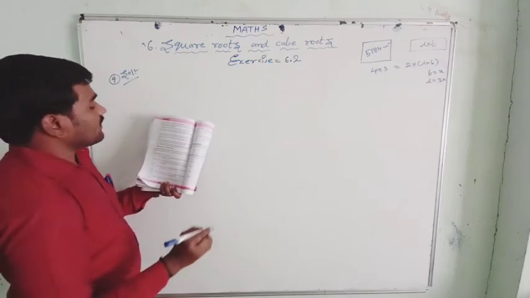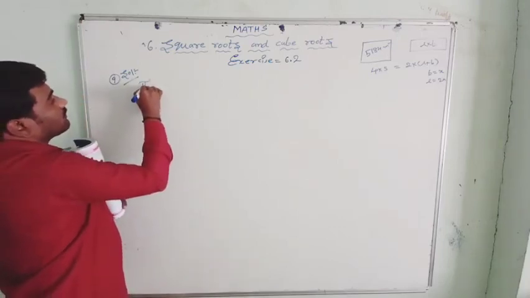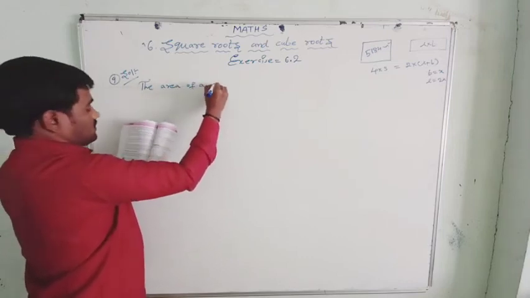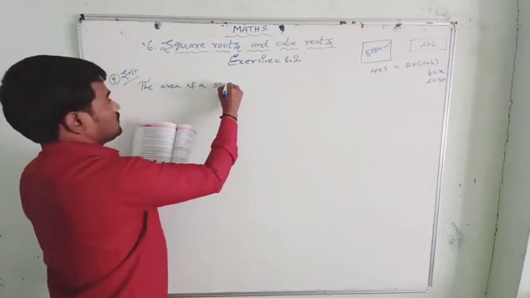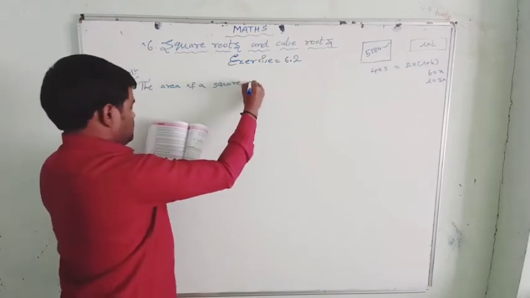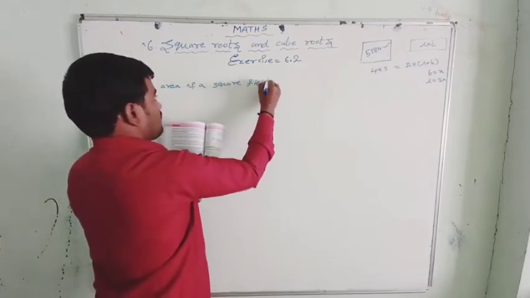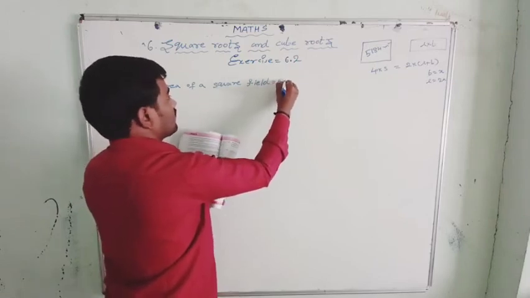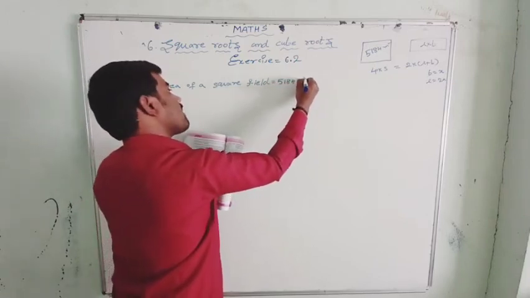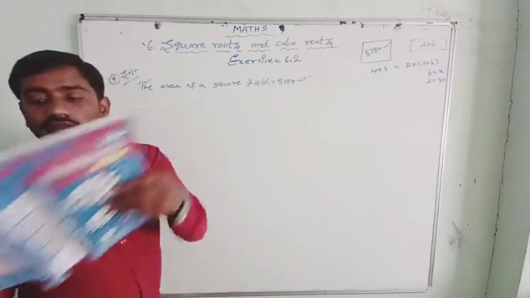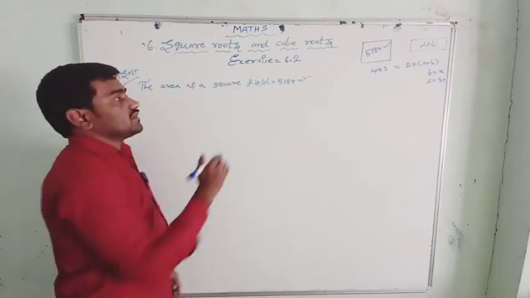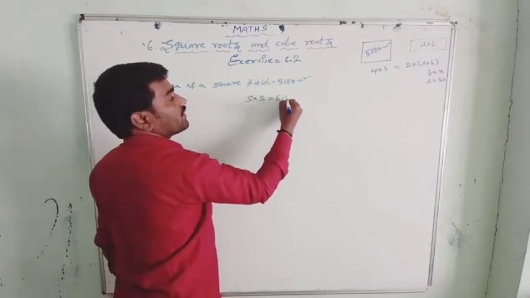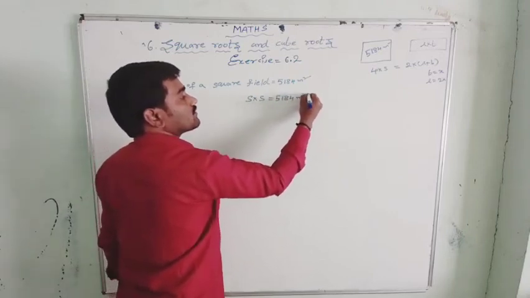See, the area of a square field is equal to 5184 meters square. The area of a square formula is side into side, equal to 5184 meters square.